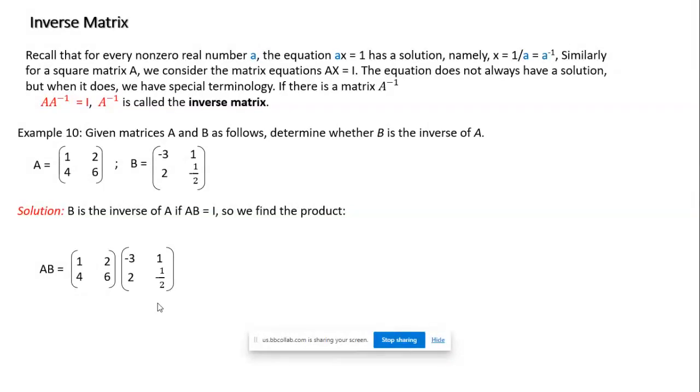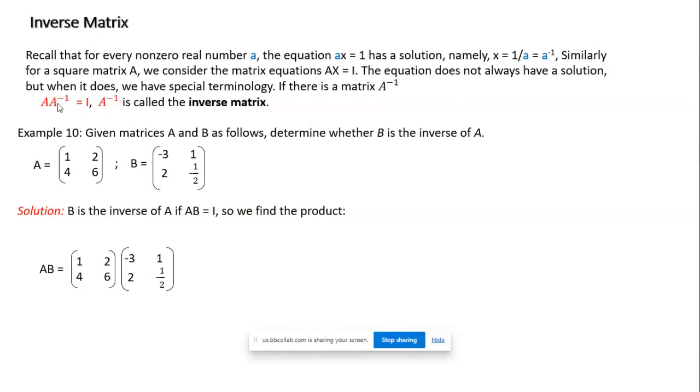The syntax for an inverse matrix is an exponent of -1. This means inverse. Whatever name you gave that matrix, its inverse is that name with the exponent of -1.